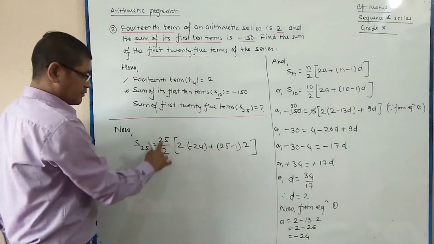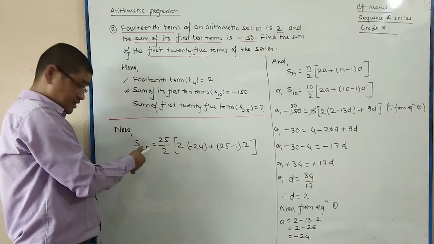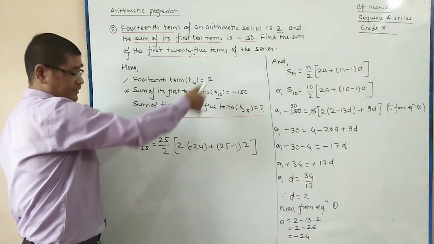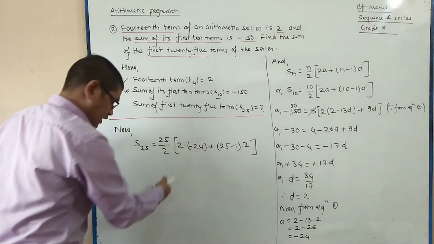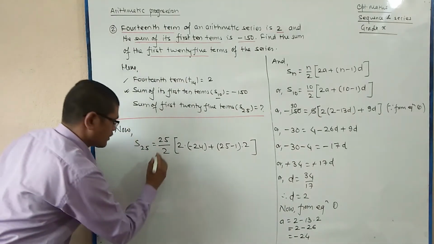This is n by 2 times (2A plus (n minus 1)D. Or if you want an easier form, then copy the formula and go ahead. Else you can do it directly, but don't be confused.